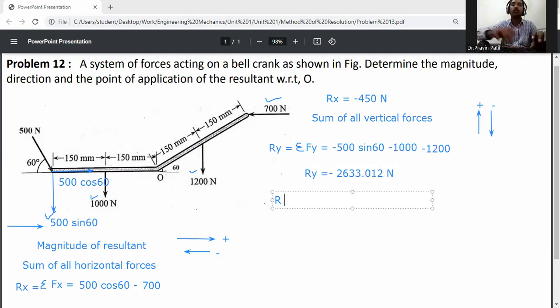R is equal to root of Rx square plus Ry square.